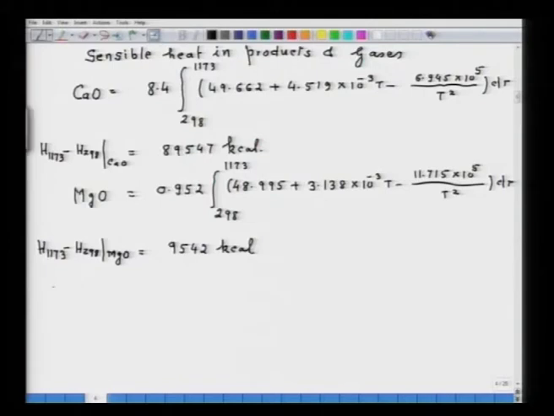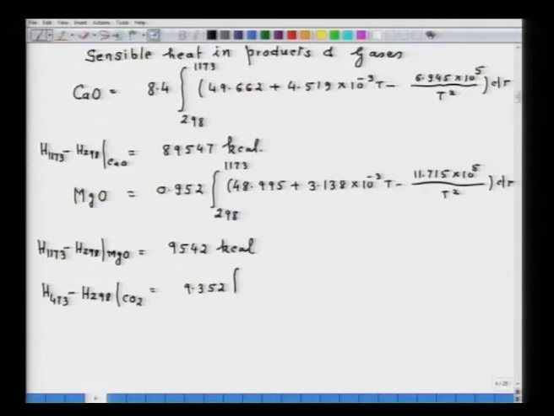Then I have to calculate, let us say, now the gases are discharging at 473 Kelvin. So, I have to find H 473 minus H 298 for CO2. The moles of CO2 are 9.352.